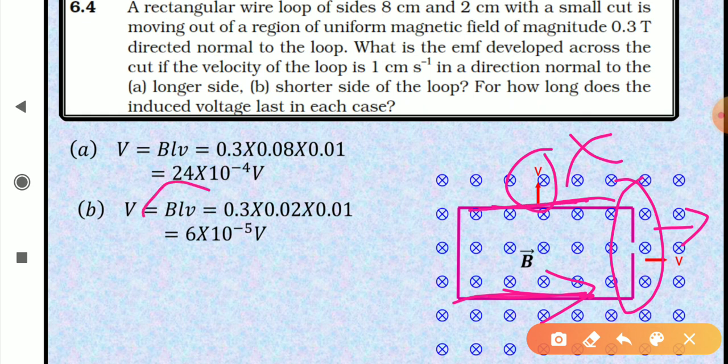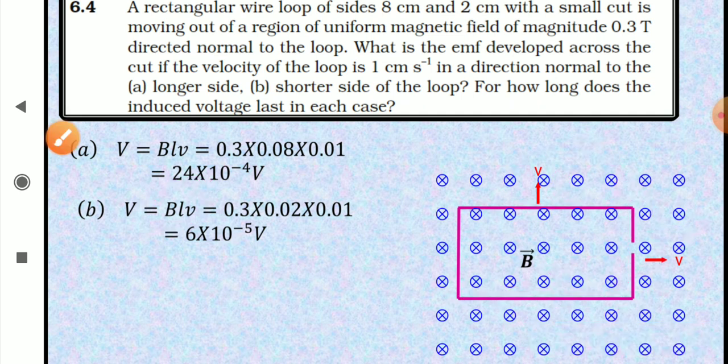For this relation, BLV, magnetic field, length and velocity, all three have to be mutually perpendicular. So when you're moving like this, the velocity and the length are parallel. The magnetic field is perpendicular. But for this conductor, the velocity, length and magnetic field, all three are perpendicular.